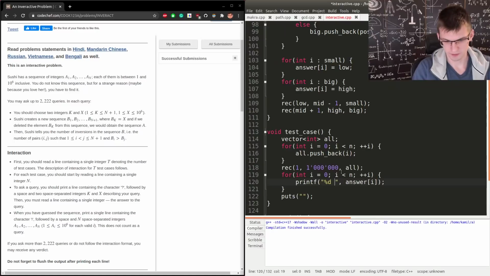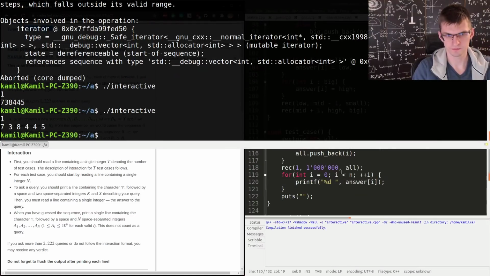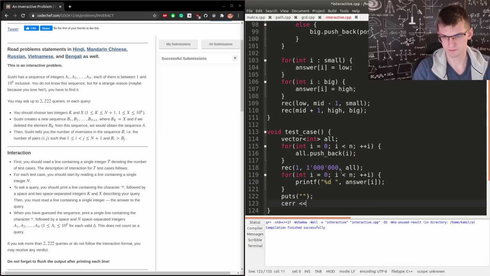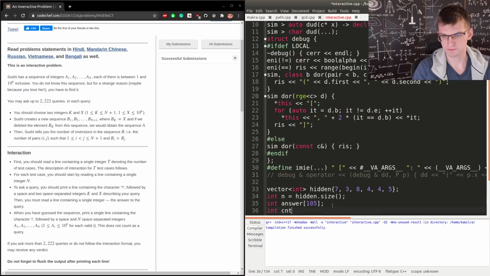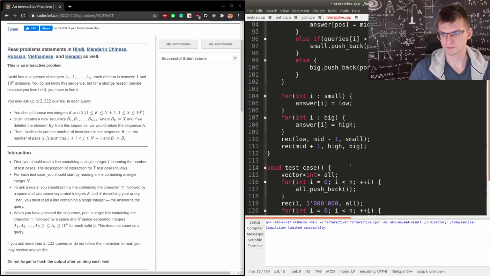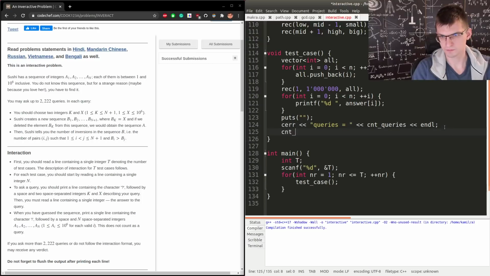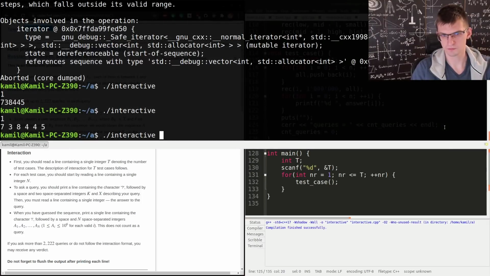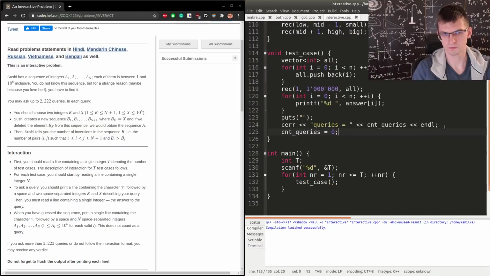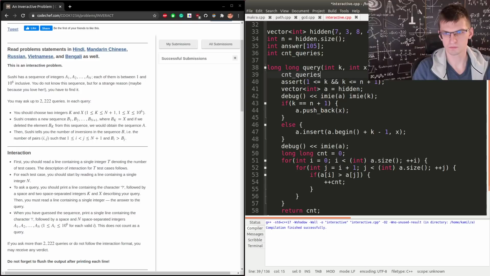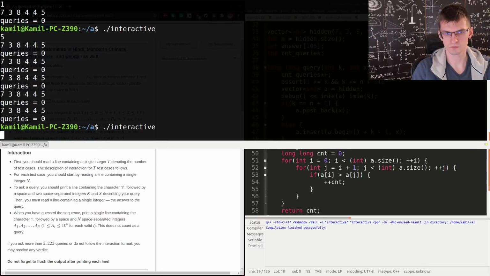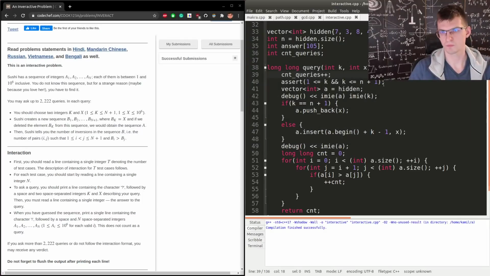This seems correct. Let's count queries. That's a lot.